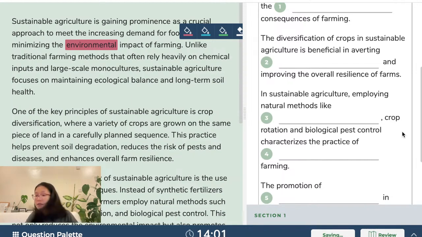A lot of words. Ecological balance. Okay, we have 2 ecological balance. Oh, actually 1. So 1 diseases and 1 soil degradation.